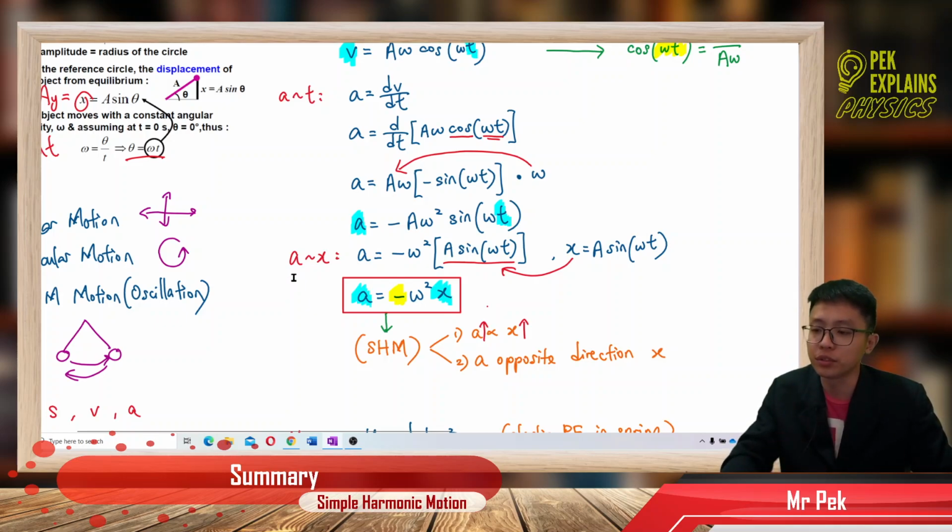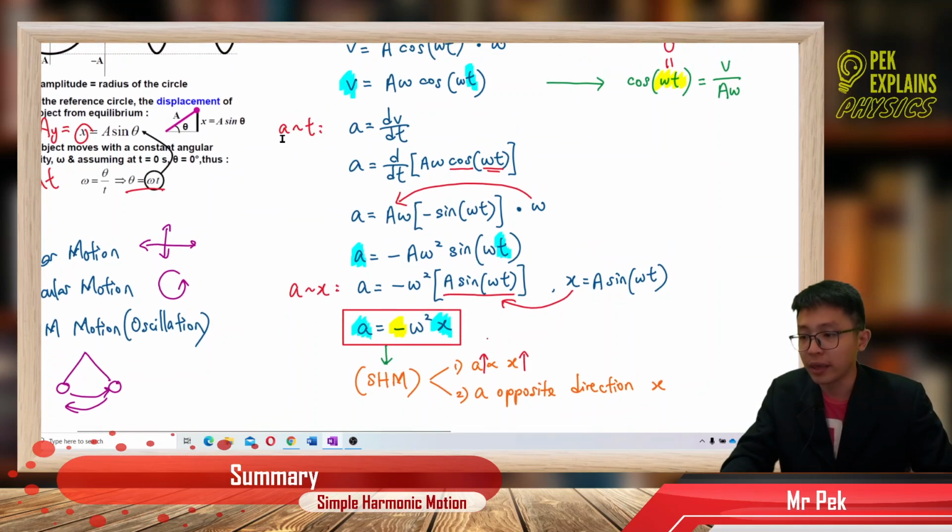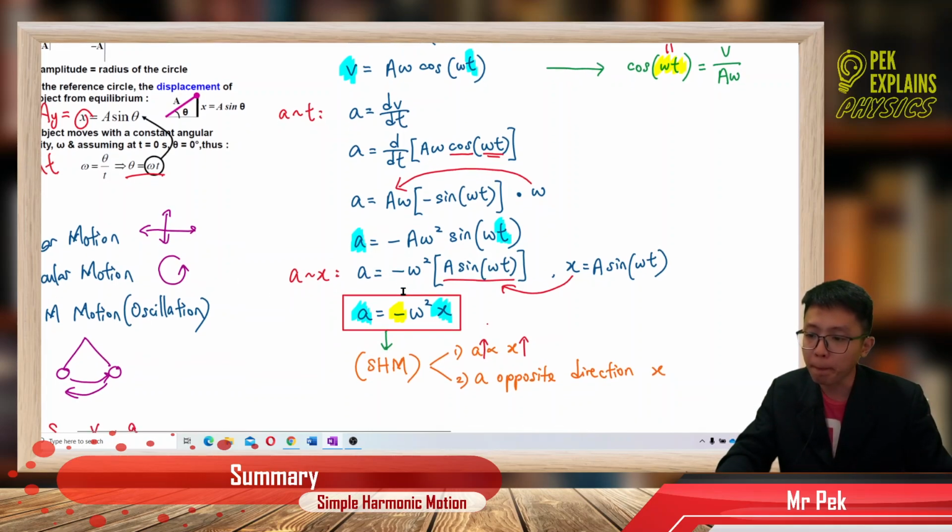Now you have to use the acceleration versus displacement equation. We have a versus t, but we don't have a versus x. So now let's find the a versus x formula.